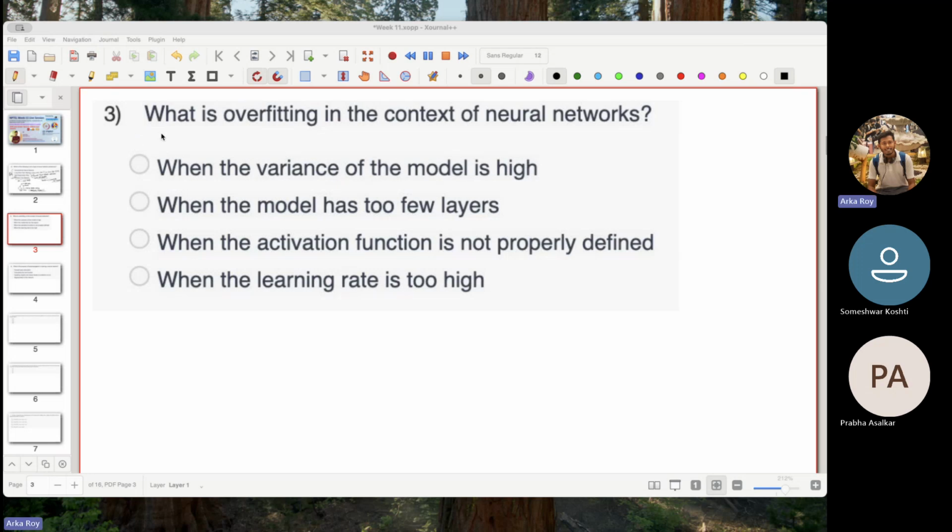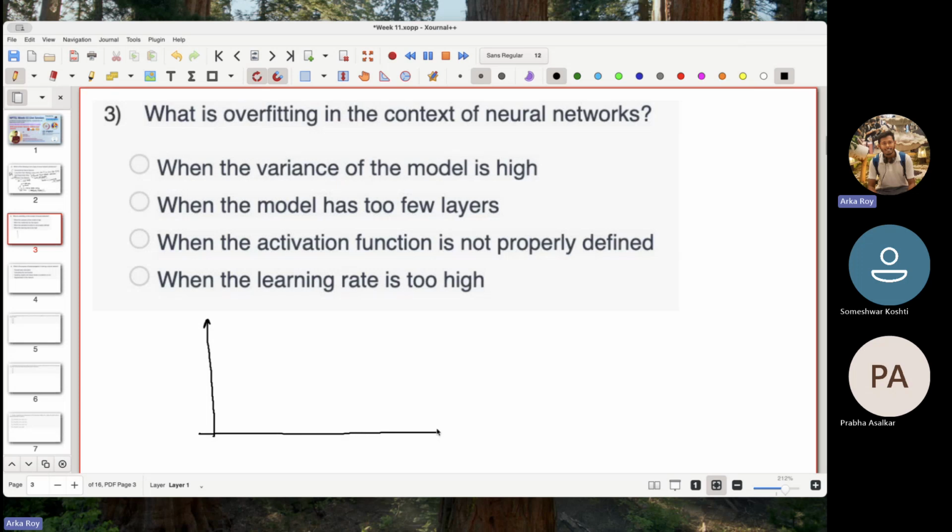Okay, so the next question states: what is overfitting in the context of neural networks? We have already seen what overfitting means. For example, if we talk about a generic neural network architecture, it has certain limitations.